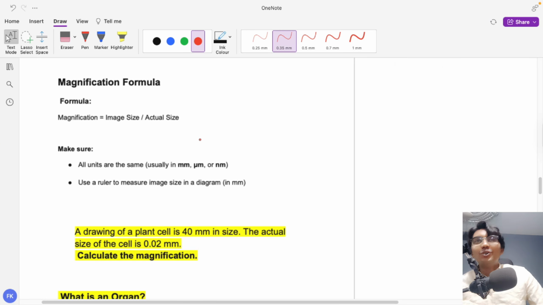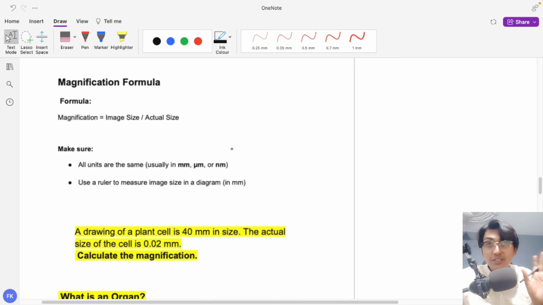Now let's look at a simple math that will really come in your O-level examination. What does a microscope do? It actually magnifies an image. We have learned details about the microscope in our previous video 1.1. Please watch it. It will really help you.